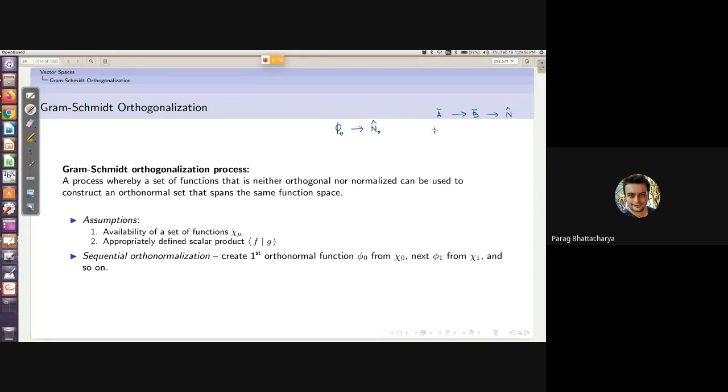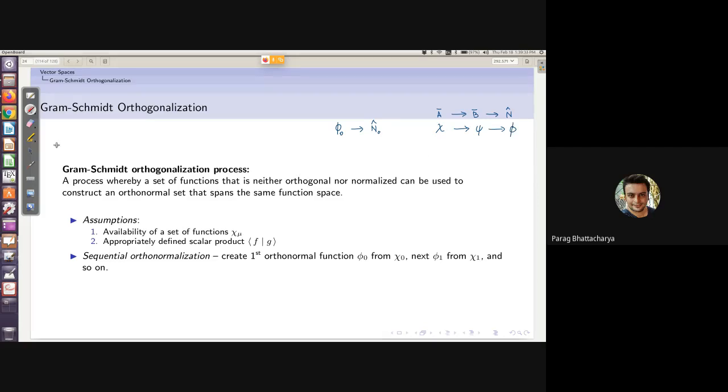So over here we start with a set of functions, the chi functions, instead of vectors A. From there, we'll go to psi, and finally we'll reach the orthonormal set, which is phi. That's how we get this.